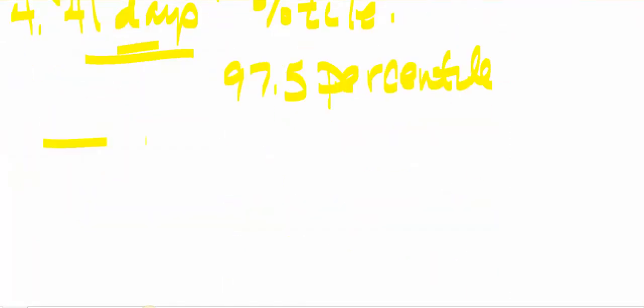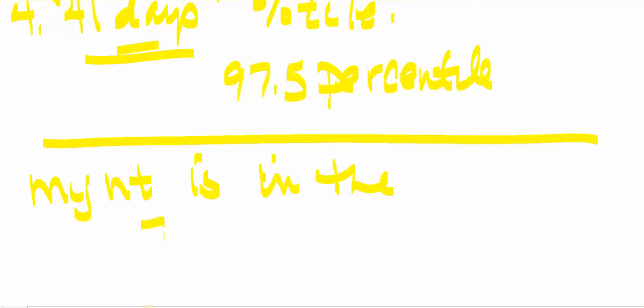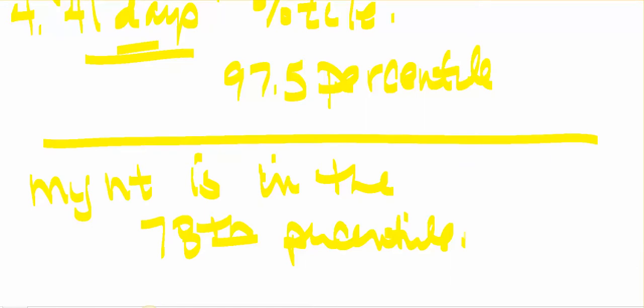So a side note would be if I said my height is in the 78th percentile for women, then you would know I'm taller than 78% of the female population of my age group or something like that.